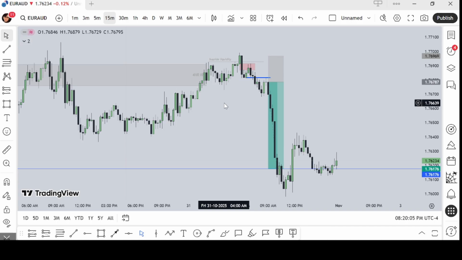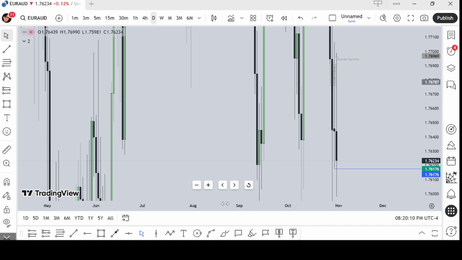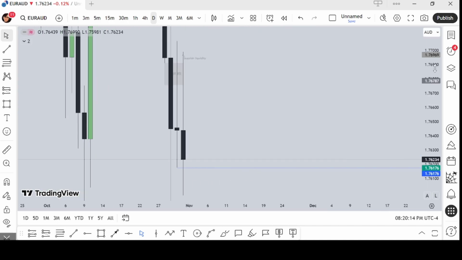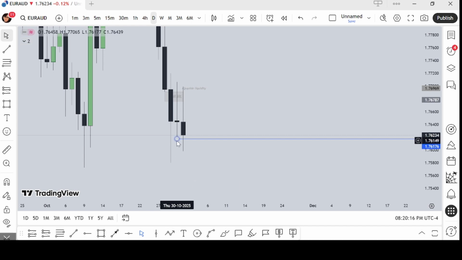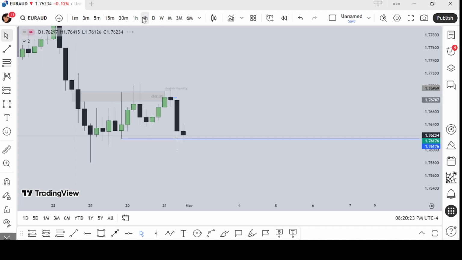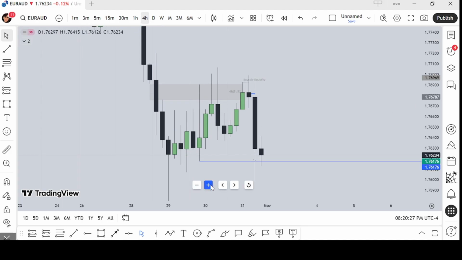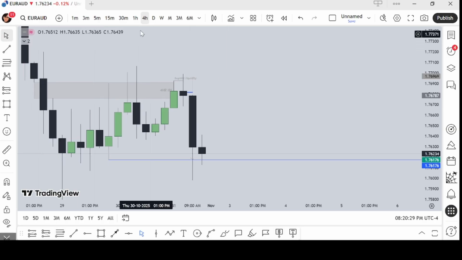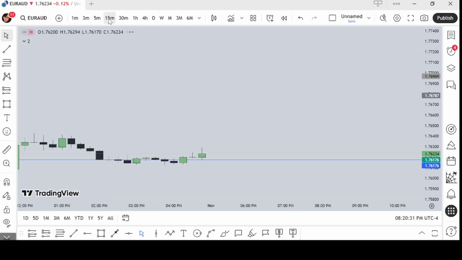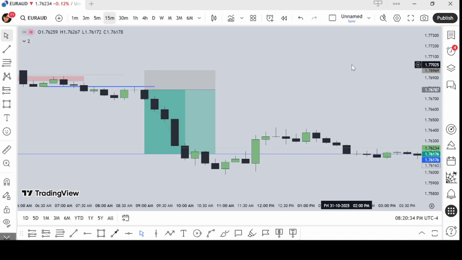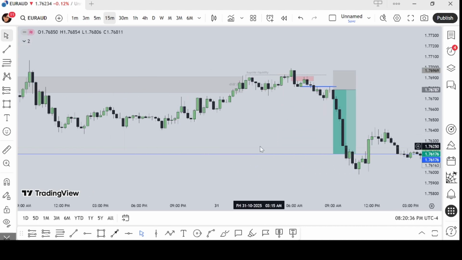And you can see we worked our way from the daily time frame to the 4-hour time frame, and now to the 15-minute time frame where we took our entry. This was the low, which was our previous day low. So we worked our way from daily down to 4-hour, down to 15-minute, where we took our wonderful setup.